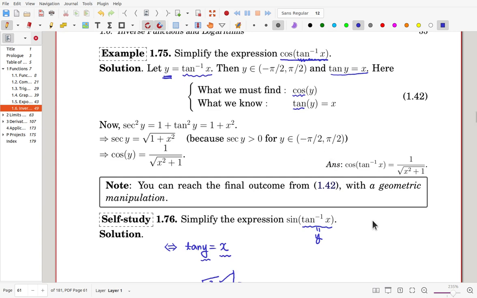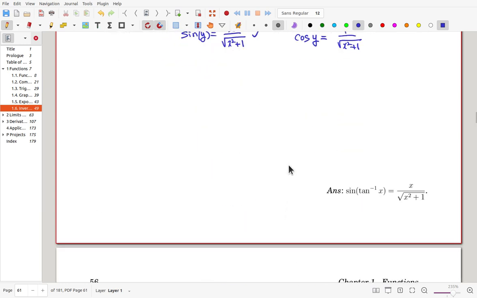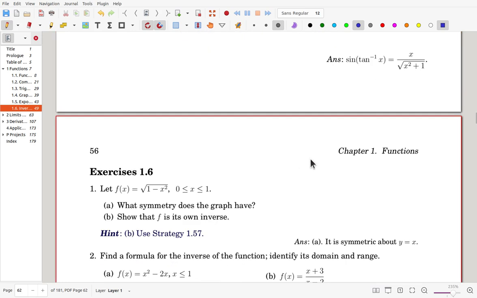However, if you understand the geometric manipulation, then you can do it much more simply. Okay, that's the end of the section and the end of the chapter. Thank you.